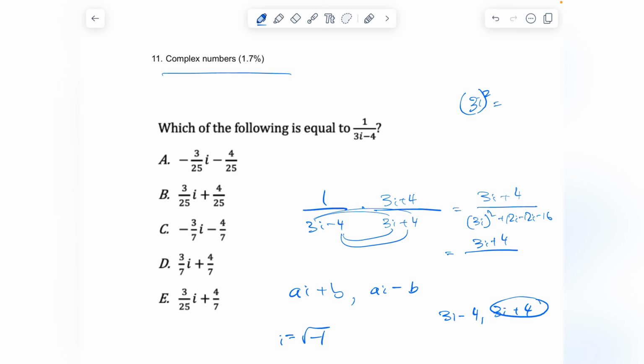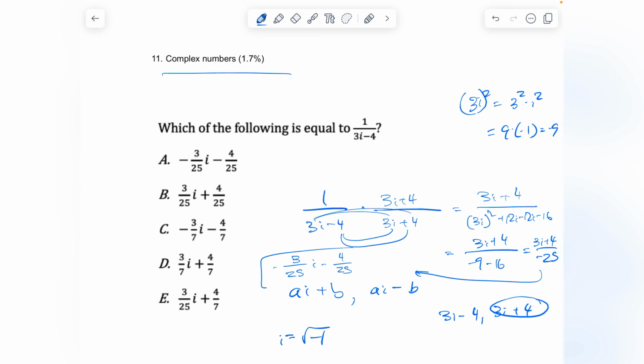That equals 3 squared times i squared. 9 times -1, -9. -9 plus 12i minus 12i is 0, minus 16. That gives me 3i plus 4 over -25. And I can go ahead and simplify that a little further: -3 over 25 i minus 4 over 25. Okay, that's it. That's how you do it.